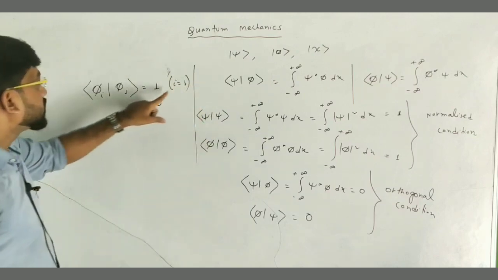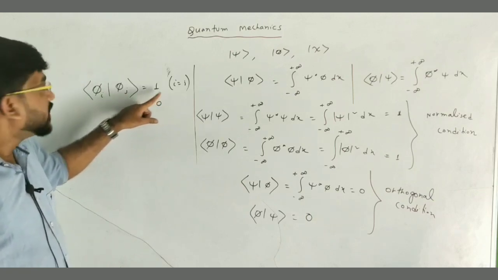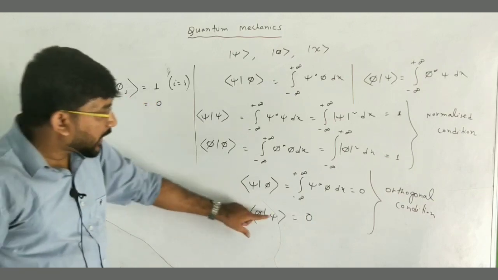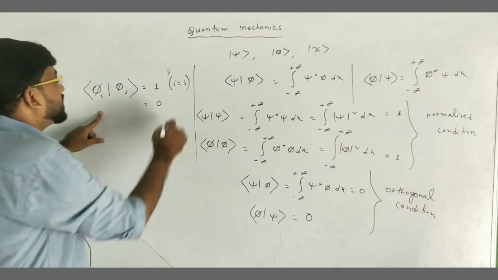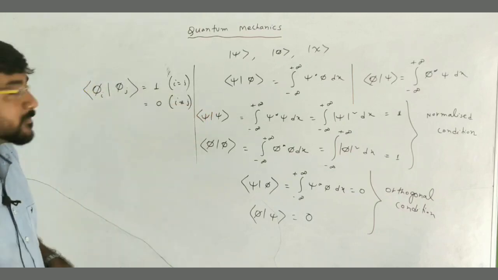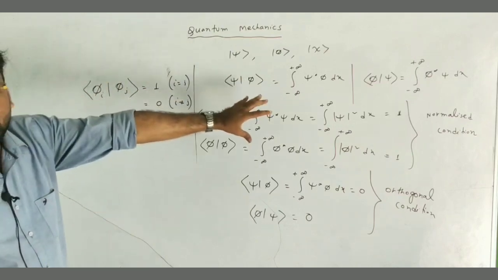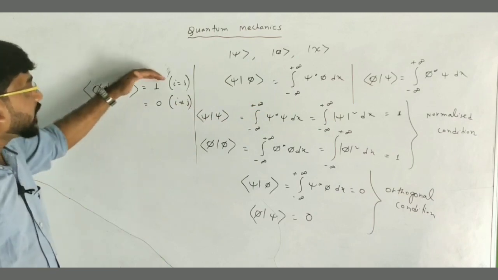When i is not equal to j, when phi with psi or psi with phi, you get 0. So this condition holds for i not equal to j.